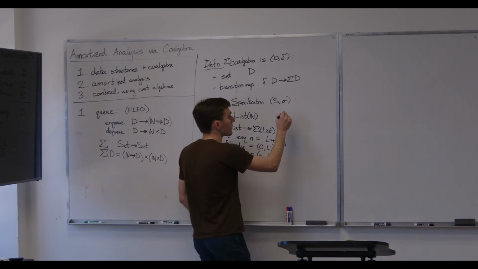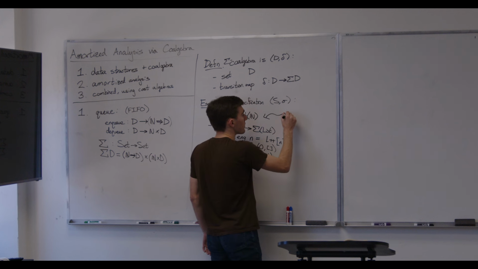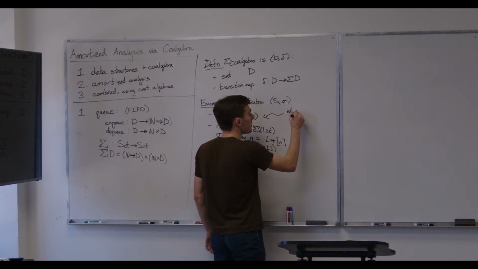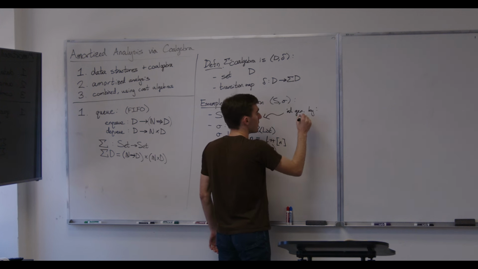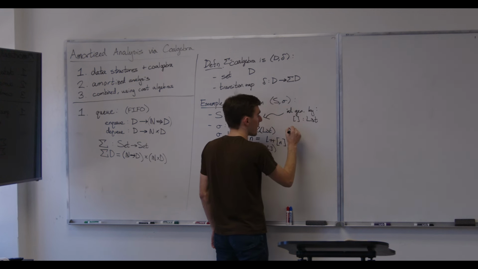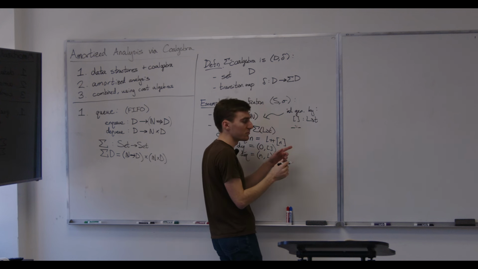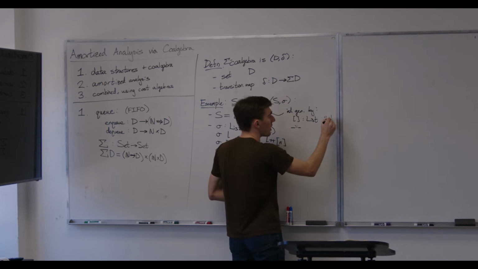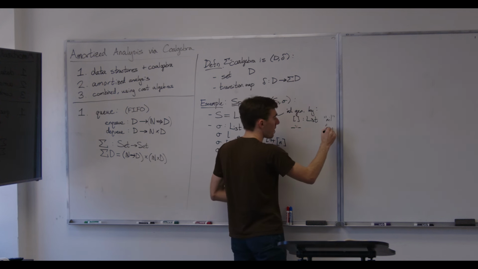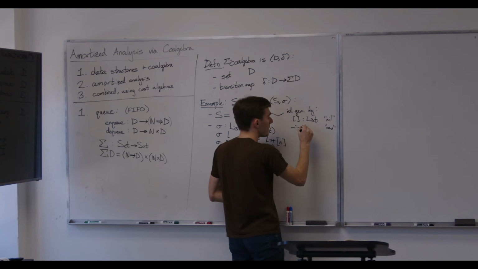So just as a little refresher, by the way, lists are inductively generated by nil, which is a list. And if I write this using infix notation, it's double colon, which we pronounce cons, and this is nil. And this is like nat cross list to list.